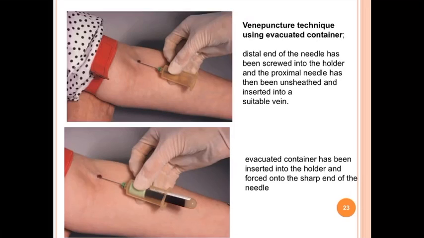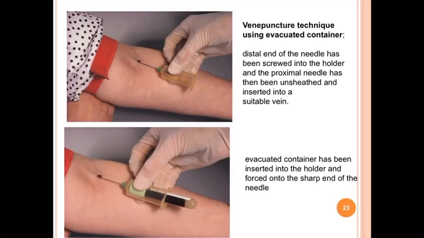The second method is collection with the holder, the venipuncture technique using the evacuated container. In this, a specialized needle is available. The distal end of the needle is screwed into the holder. The yellow part shown is the holder, and the proximal needle has to be unsheathed and inserted into a suitable vein.